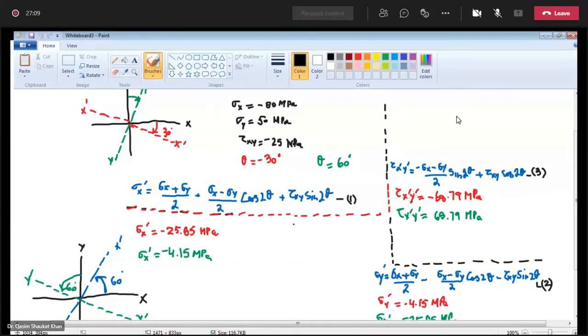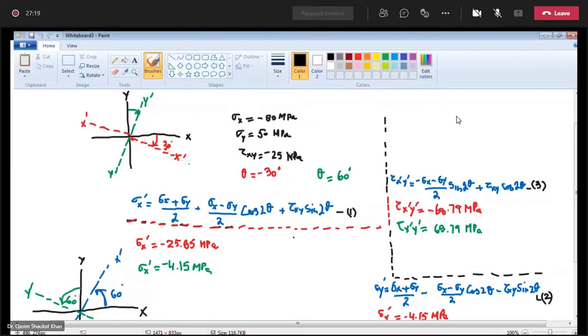Now this means that my transformed normal stress about x dash axis is minus 25.85 megapascals. My transformed normal stress about y dash axis is minus 4.15 megapascals. And transformed shear stress we have got as minus 68.79 megapascals.